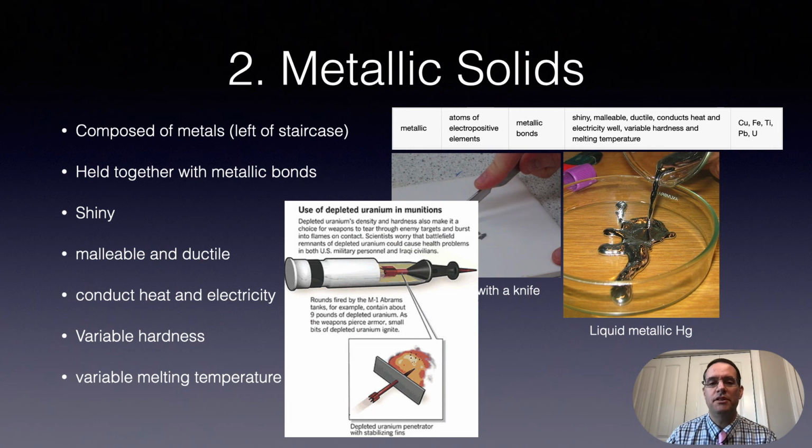Here's depleted uranium. Uranium is a metal in the periodic table, and it's used in depleted munitions. It has a density and a hardness that's 1.6 times lead. So if an Abrams tank fires about 8 kilogram weight, depleted uranium shell at a metal object, it can just penetrate through because of its density and hardness.